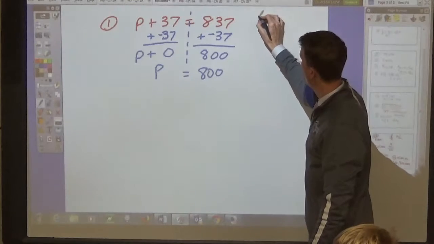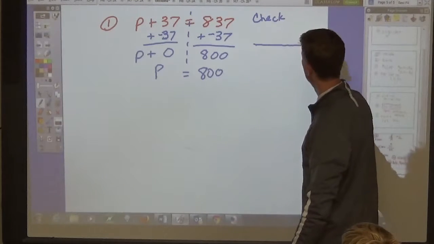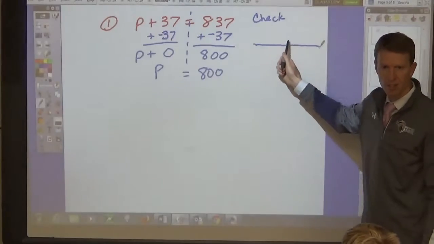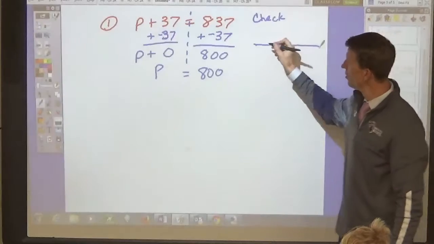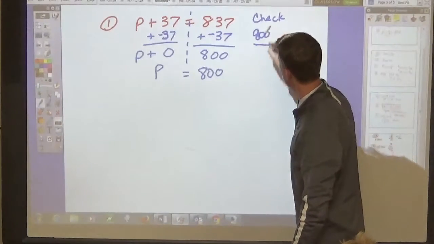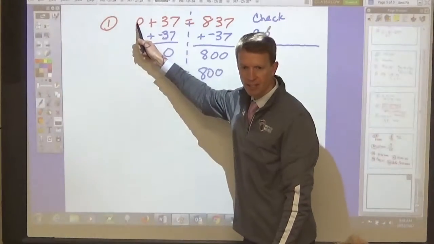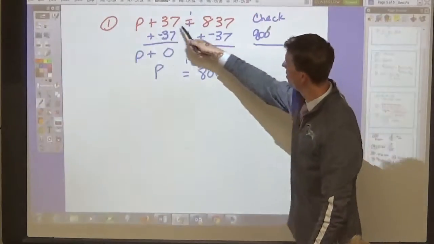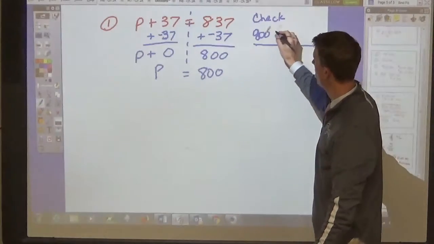So for the check, what you have to do is write a true sentence using the solution. So you have to write 800 instead of P, just like you did in yesterday's lesson. Replace the P in the equation with the solution.